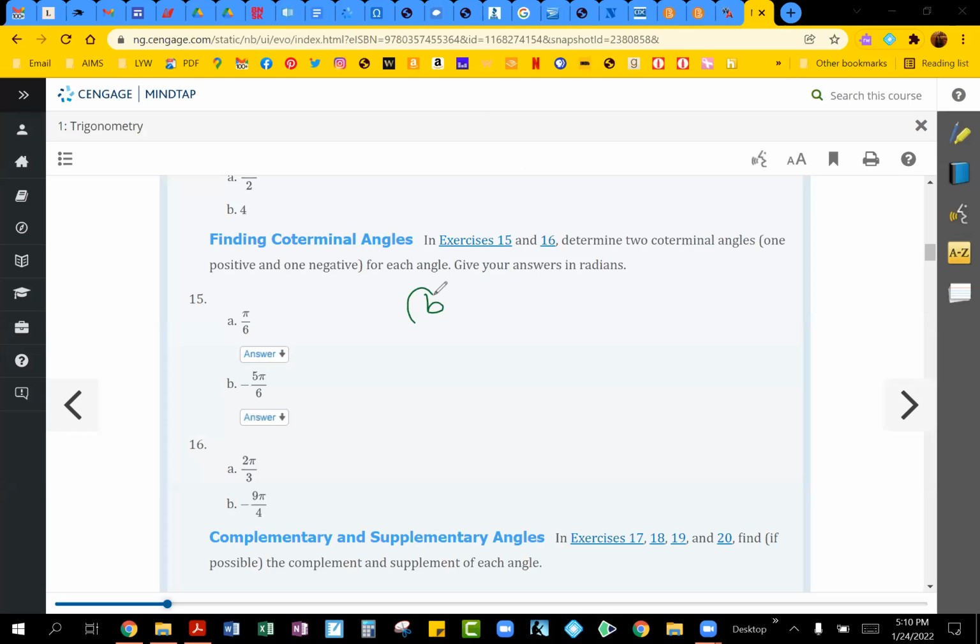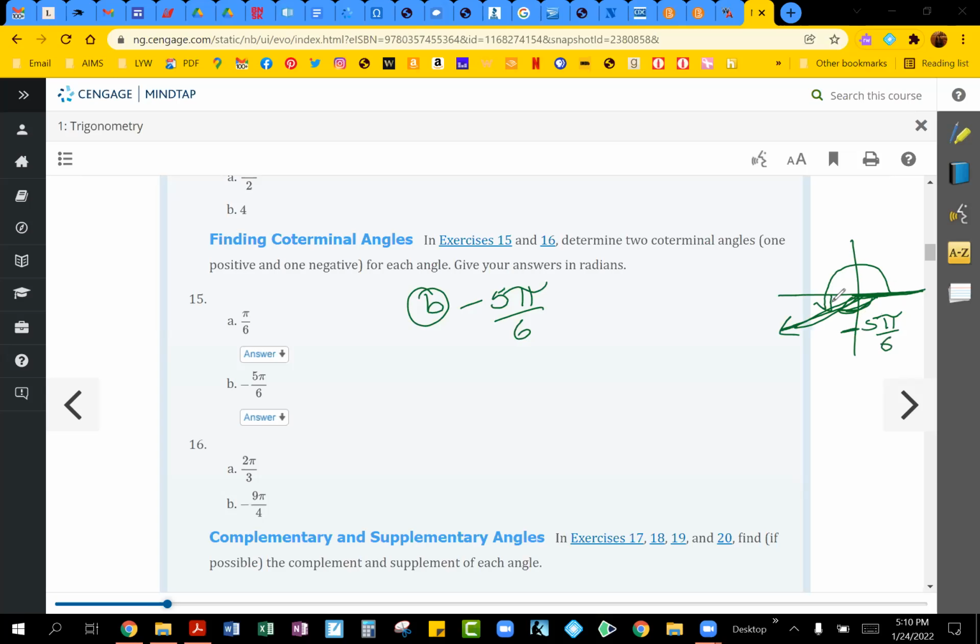So again, this is part B, negative 5 pi over 6, and that's going to be about this angle over here. To find your positive coterminal angle, I would just go in this direction since this is already negative 5 pi over 6.